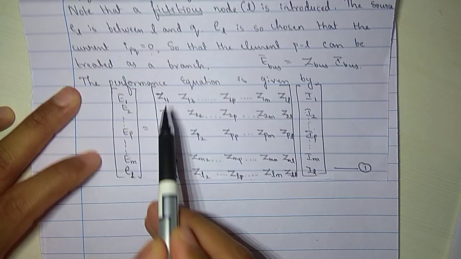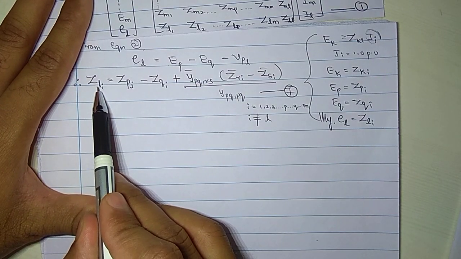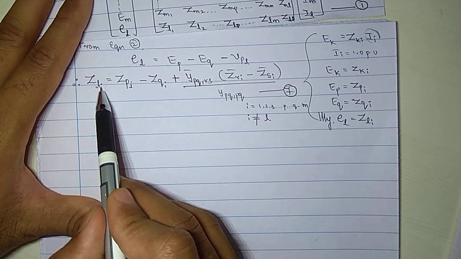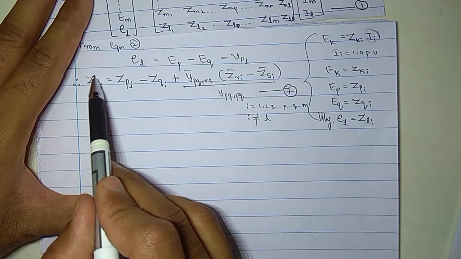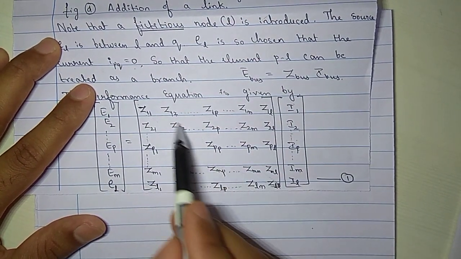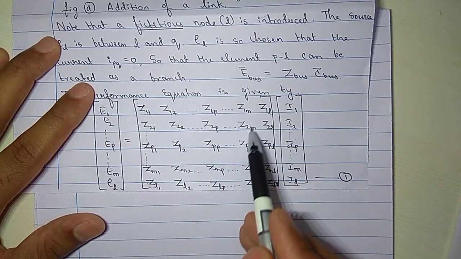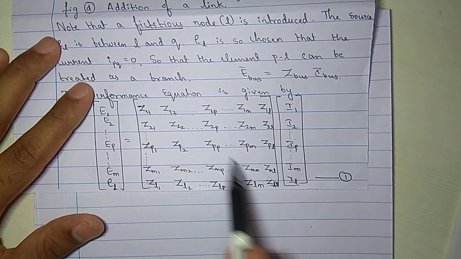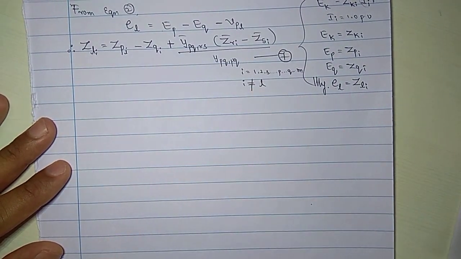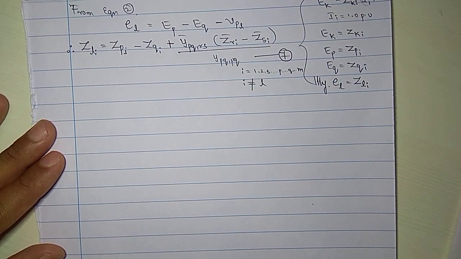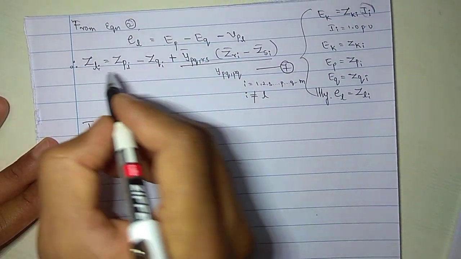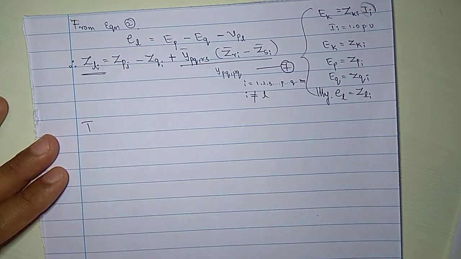ZLL means Z11, Z22, Z33, that is diagonal elements. First we should calculate off diagonal elements, then we should calculate diagonal elements. Therefore I should not be equal to L. Okay. Now we have the expression to calculate off diagonal elements.